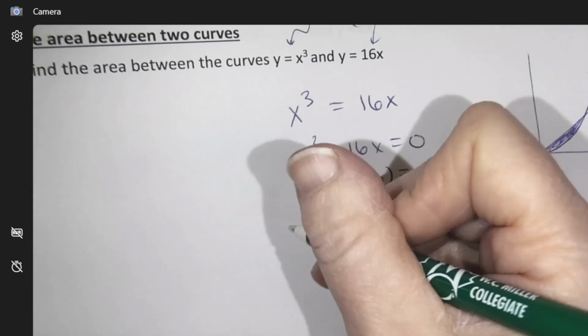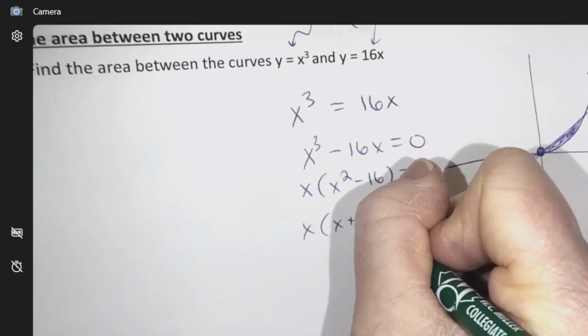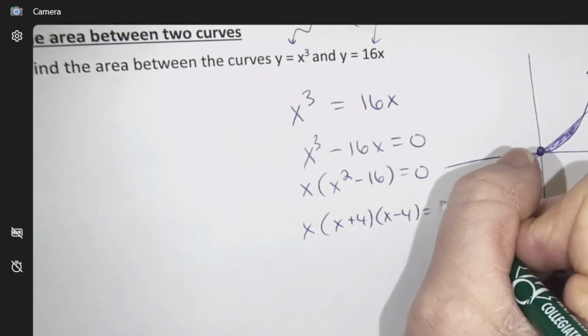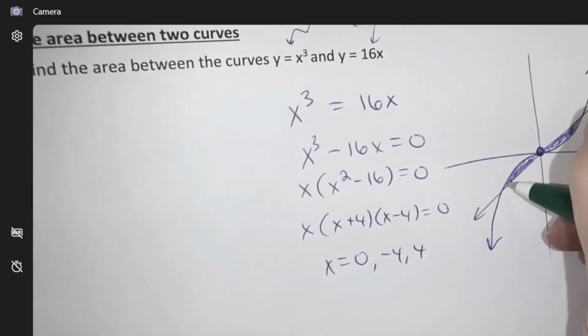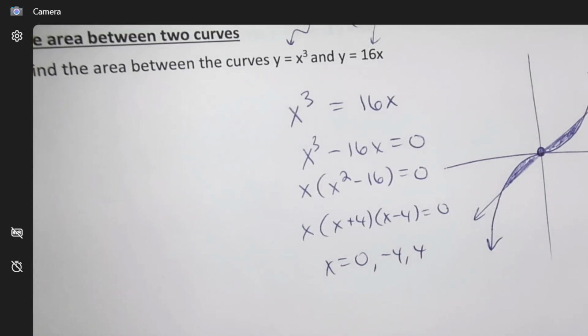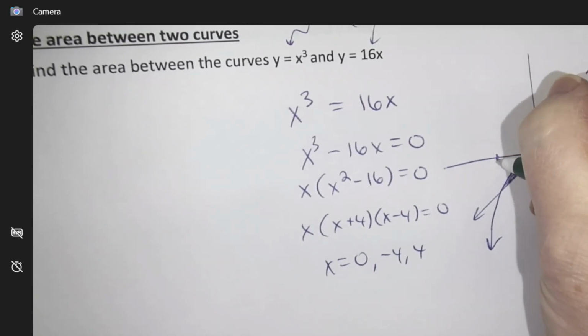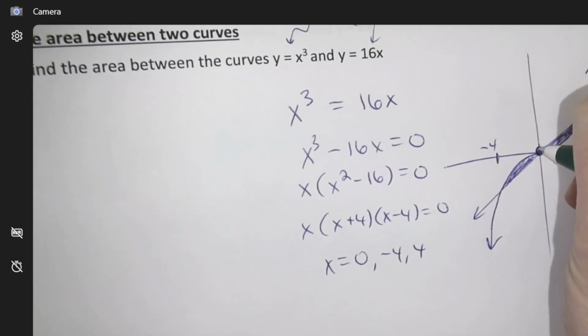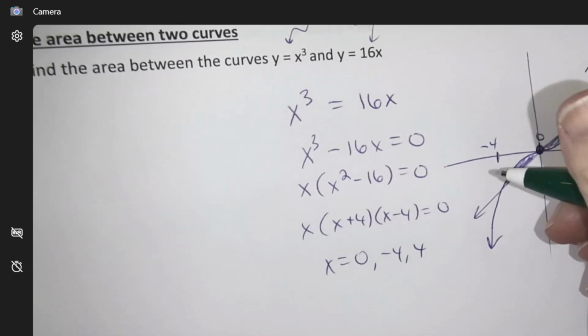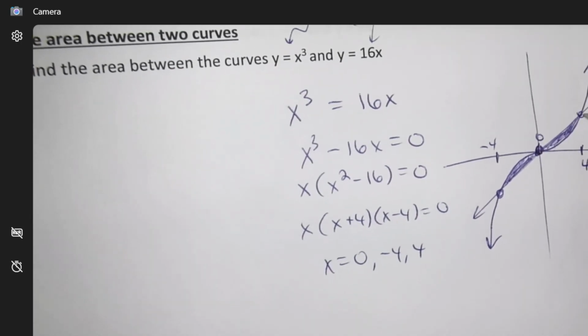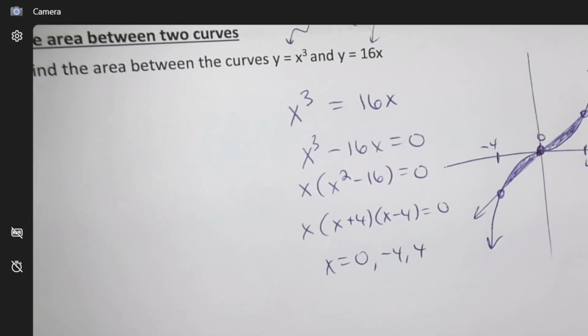Then I can DOS. Does it make sense on the visual that I drew? This would be a -4, 0, 4. That's where all the intersections are happening.